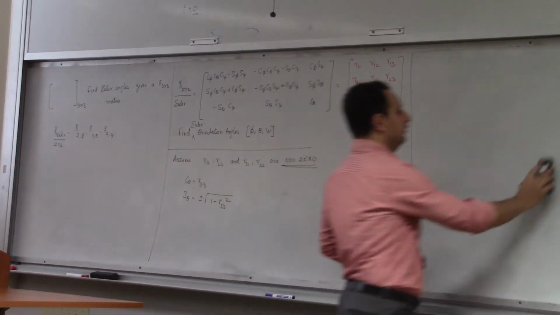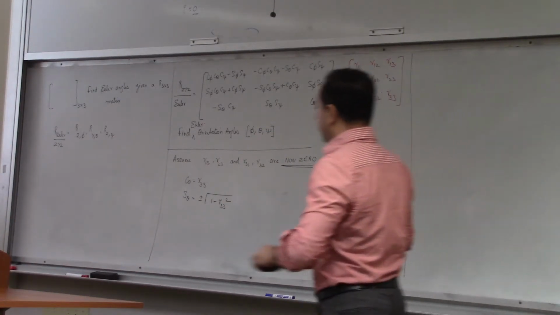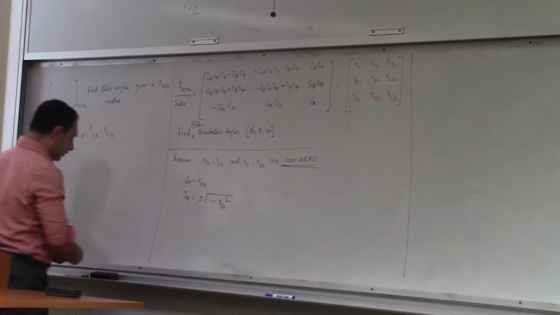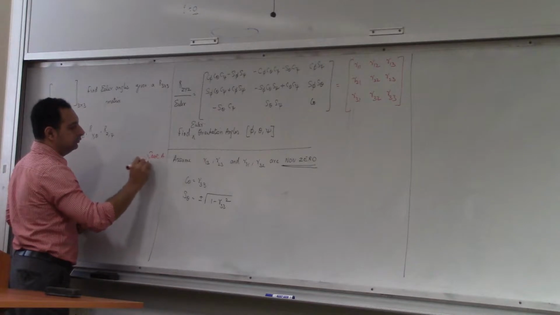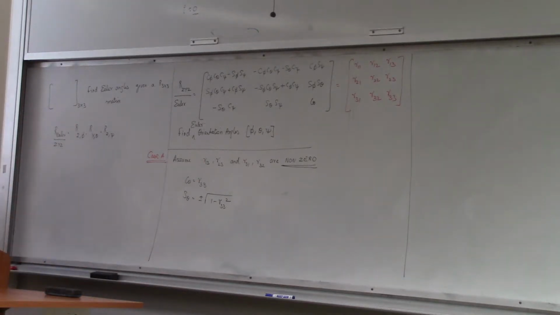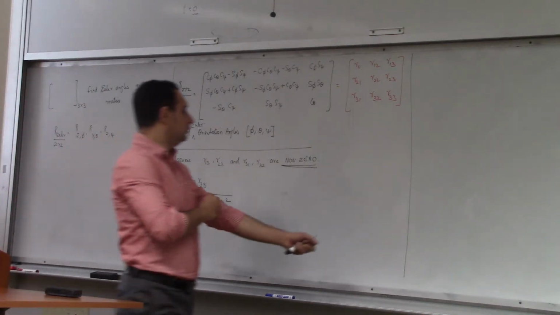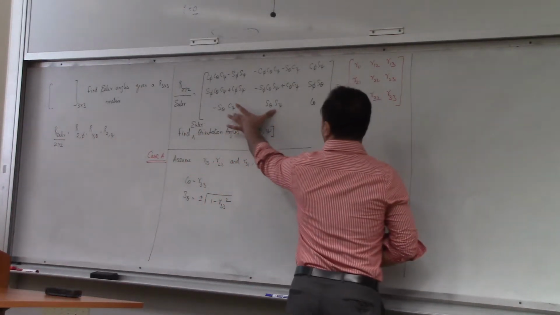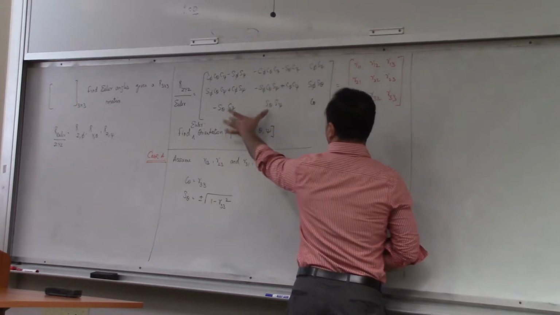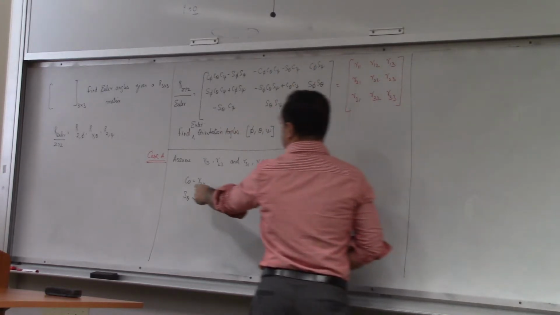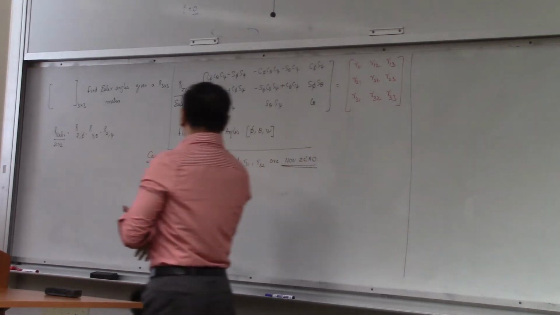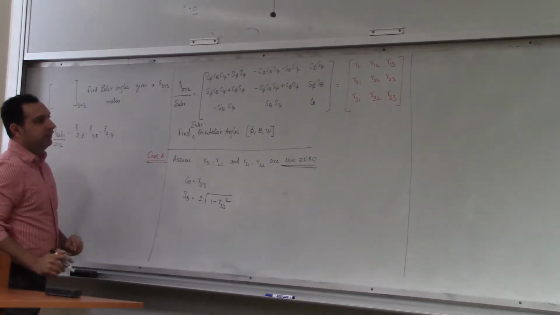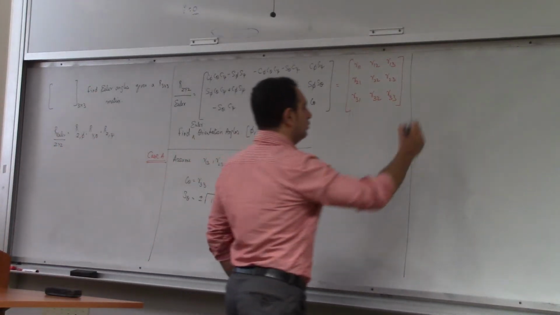So this is case A. Let me call this case A. So we are assuming these values are non-zero, and cos theta is equal to R33, obviously this will be sin theta.